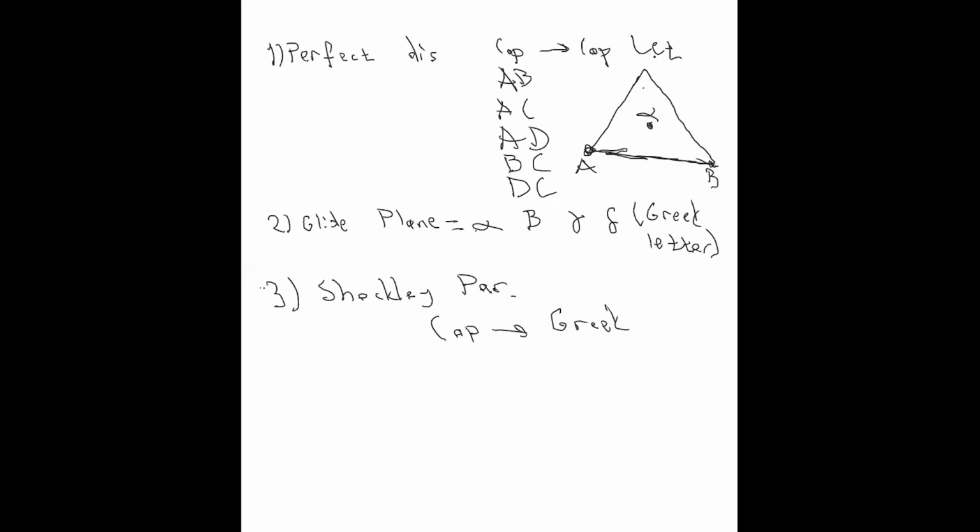This is a perfect dislocation, AB. A to alpha, or alpha to beta. So Greek to capital is also a Shockley partial. That means AB on any plane, let's say the alpha plane, is equal to A alpha plus alpha beta. This is the representation of two Shockley partials on the alpha plane.